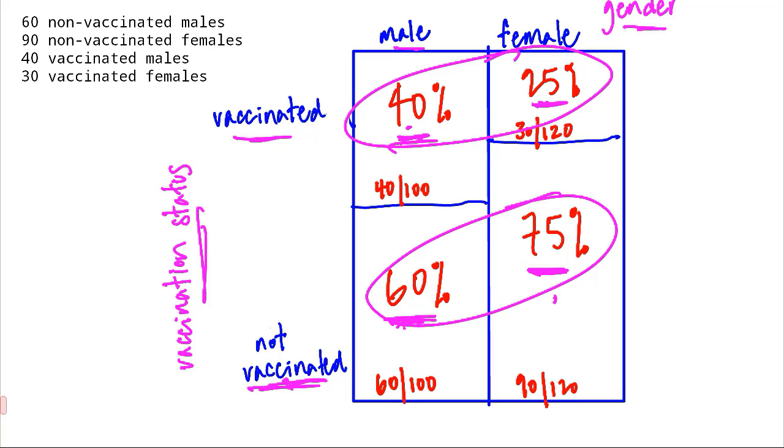Again, comparing these 60% and the 75%, not vaccinated has a tendency not to go with being male as compared to being female. So not vaccinated and male are negatively associated. Okay, so that's the idea. Again, look at those 4 pages, and you've got the exercises at the end of the chapter to get you more comfortable with this.